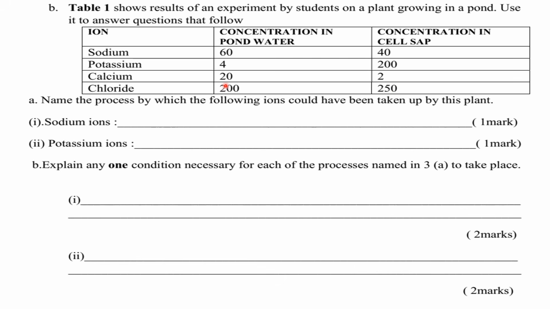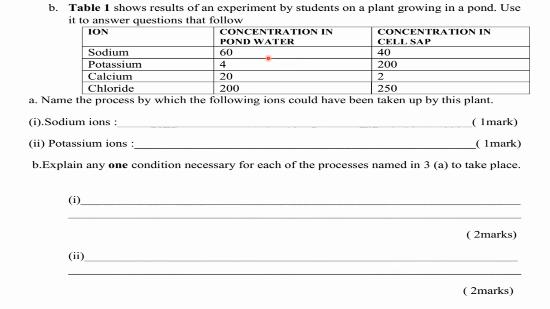So using that information, name the process by which the following ions could have been taken up by this plant. Process by which each ion is absorbed. Sodium ions. First, we need to consider the concentrations.